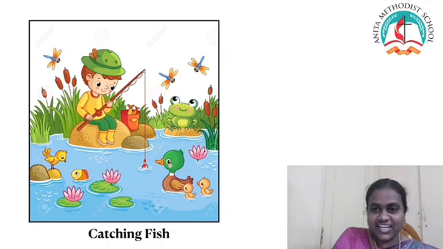Good, Ashika. Now, Kevin, it's your time. Look into this picture. A boy catching a fish. Can you just label the parts and tell me which class does it belong to?